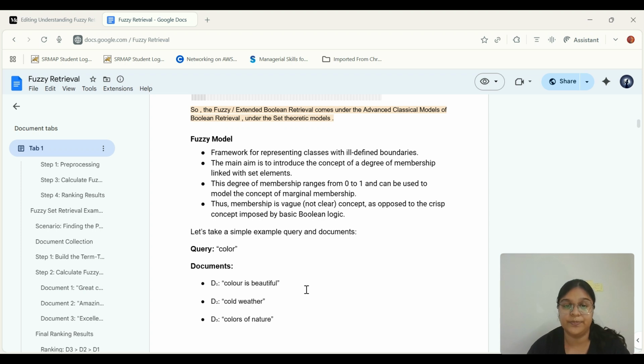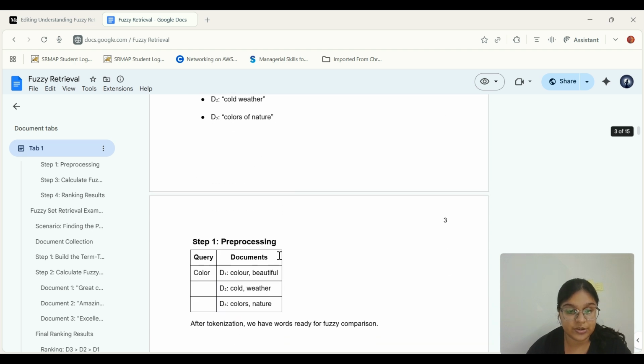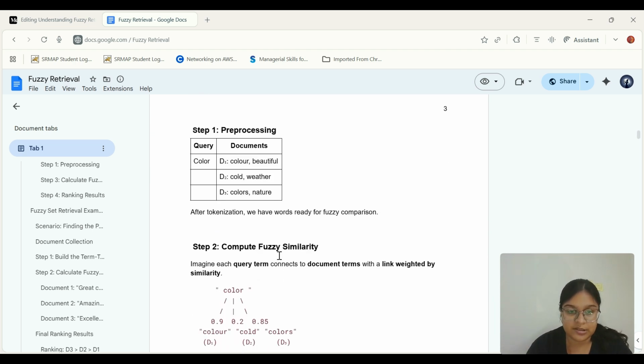If it comes like 0.9, then that word is the most relevant based on your degree of membership. So, for example, if my query is color and we have three documents here: color is beautiful, cold weather, and colors of nature. So, we will do some preprocessing. What are the words which we are getting respective to our query? Color, cold, colors. These two are included because of the col present, which are nearly the same as our query.